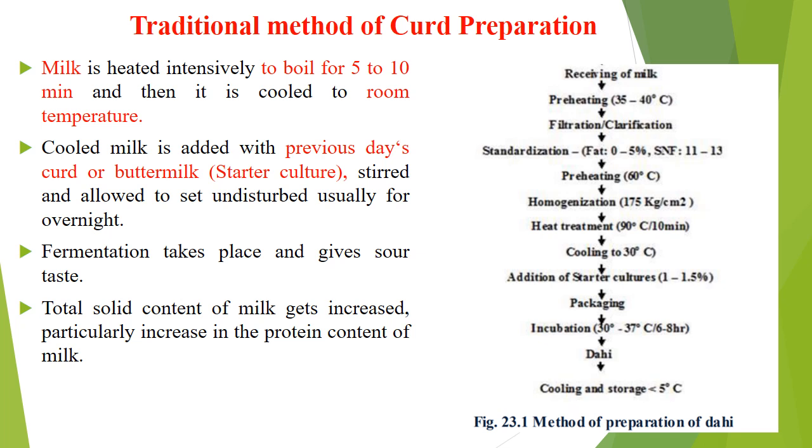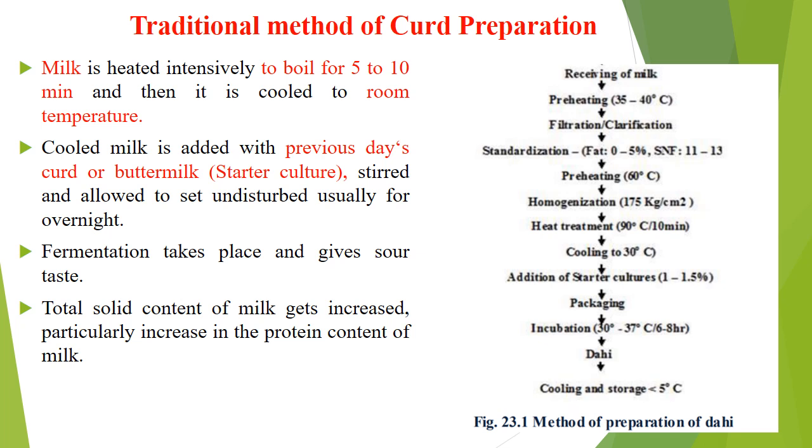Here the pathogenic microorganisms are destroyed, and immediately after pasteurization, the milk is cooled to 30 degrees Celsius. After cooling, the starter culture, which is the lactic acid bacillus or bacterial culture, at 1 to 1.5 percentage, is added to the milk, and then it is packed and incubated at a temperature of 30 to 37 degrees Celsius for 6 to 8 hours.